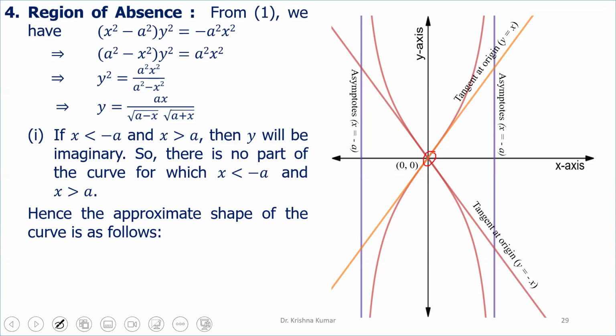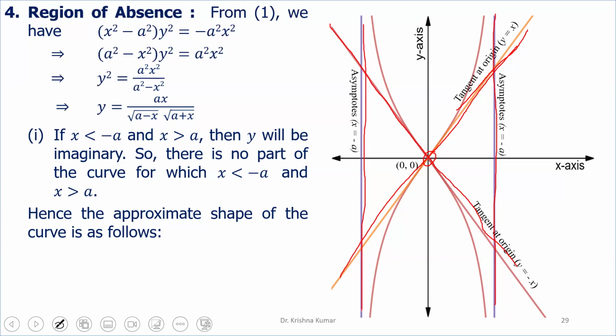There are two tangents at the origin, y equal to x and y equal to minus x. So this is the first tangent, and this is the second tangent. Now, what are the asymptotes parallel to the y-axis? This is the first asymptote, and this is the second asymptote.